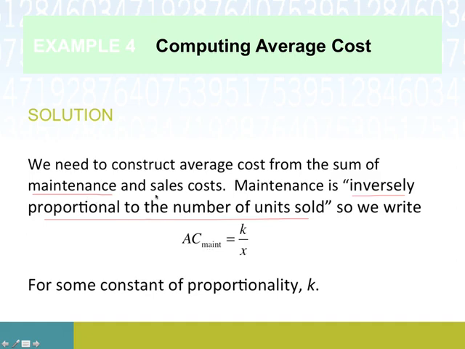We've got maintenance costs, but we've also got sales costs. So we're just thinking about the piece that's maintenance. That's k over x. And again, we're just doing due diligence and saying that this k that appears here is some constant, because otherwise we'd have no idea what this is. x is number of units sold, AC is average cost, k is something fixed.